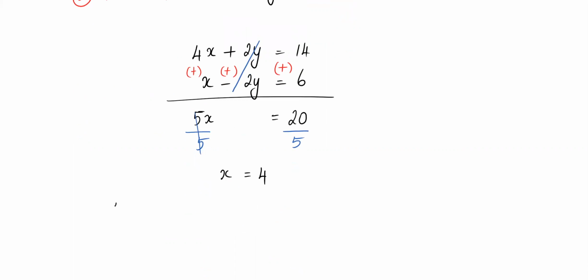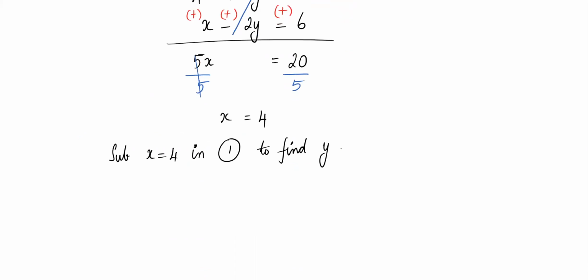So I have to substitute x equals 4 in equation 1 to find y. Okay, so equation 1 is 2x plus y equals 7. 2 times x plus y equals 7.